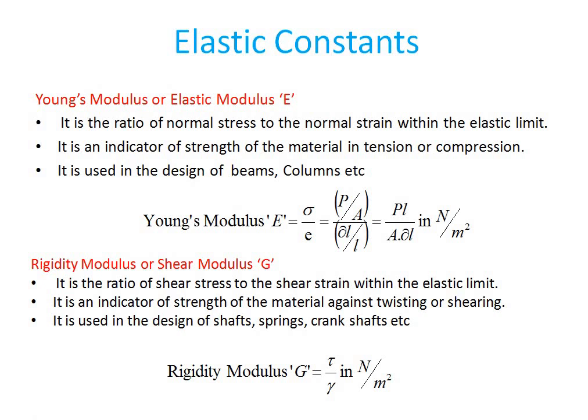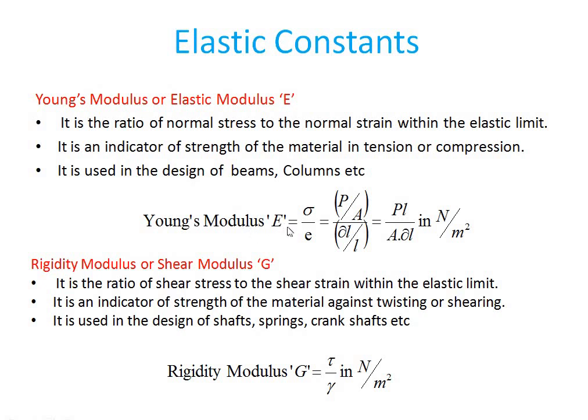Whenever we have a higher Young's modulus, it means the material is stronger in tension or compression. It is used in the design of beams, columns, trusses, and so on. Depending upon Young's modulus E, we classify materials as stronger or weaker.